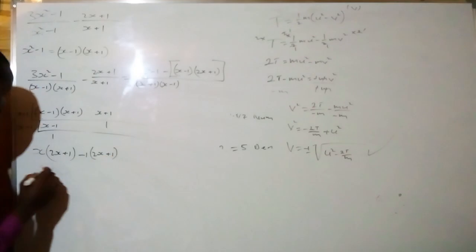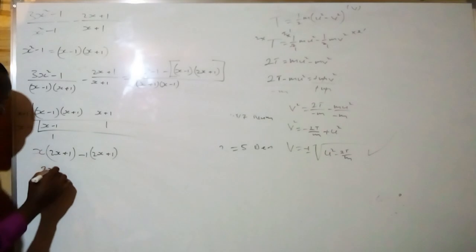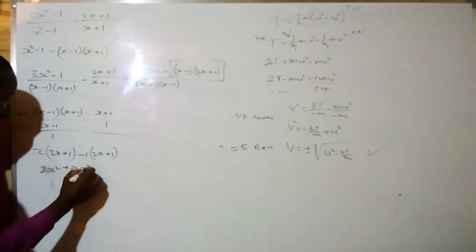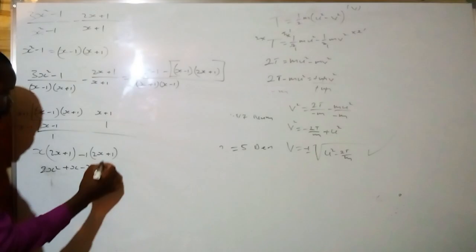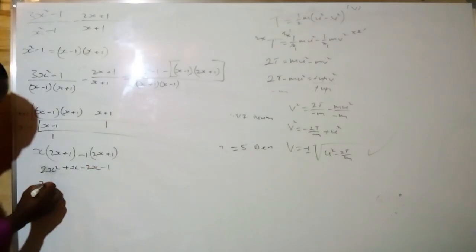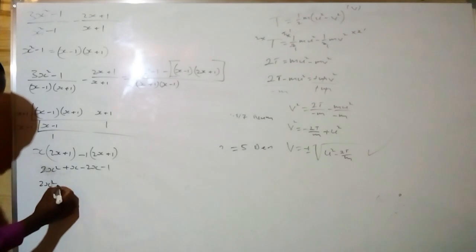Once we expand, 2x times x is 2x squared, plus x, minus 2x, negative, positive, negative 1. Then like terms, x minus 2x is negative x, then minus 1.